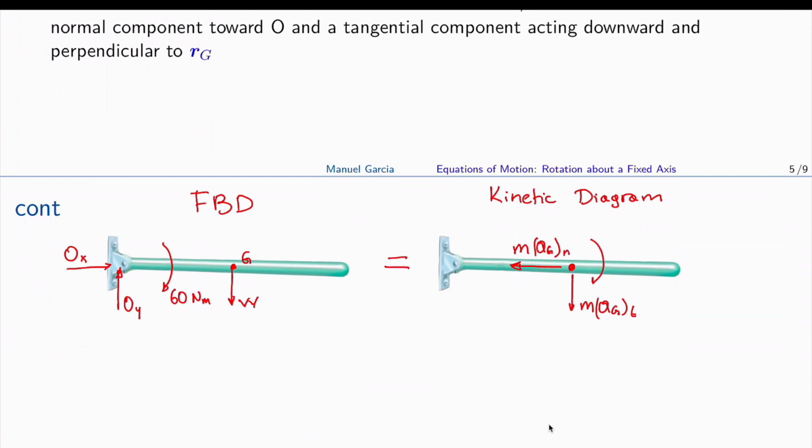And we have additionally the moment of inertia with respect to g multiplied by alpha.